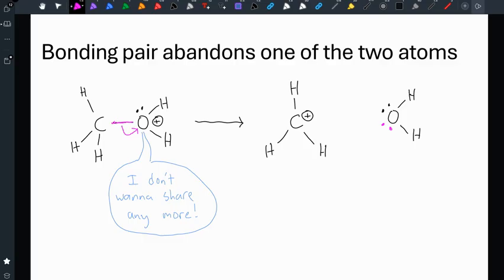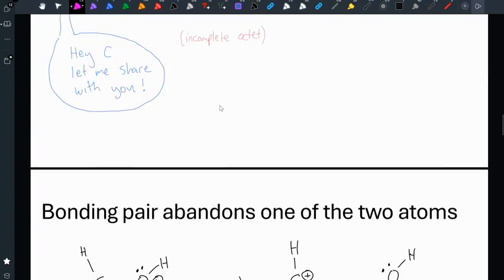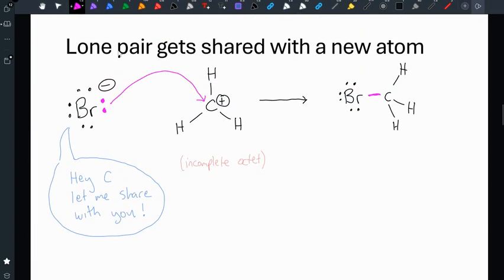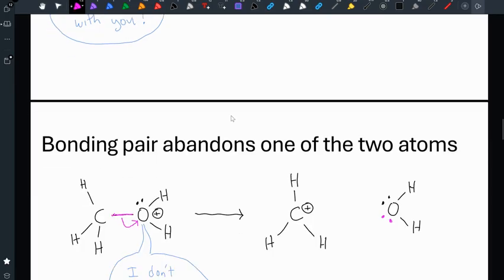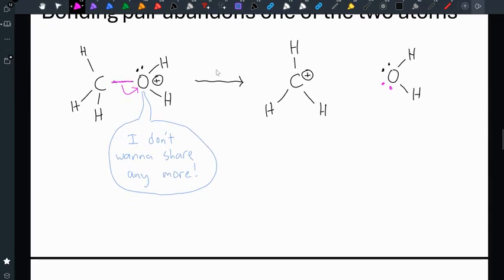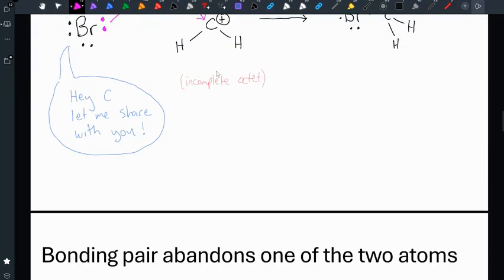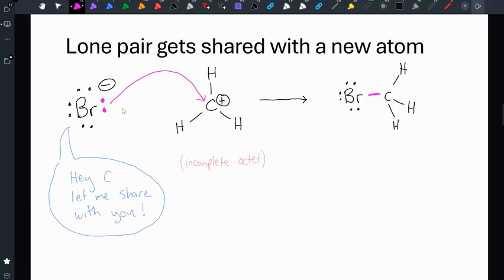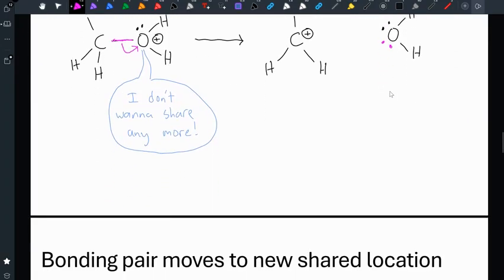So another common move is when a bond breaks. Now, most reactions are going to involve a combination of these two, where we're making a new bond and breaking an old bond at the same time. So you can imagine scenarios where you have 2 arrows. First, you share a lone pair, and then you break a bond at the same time. I'll show you what that looks like.